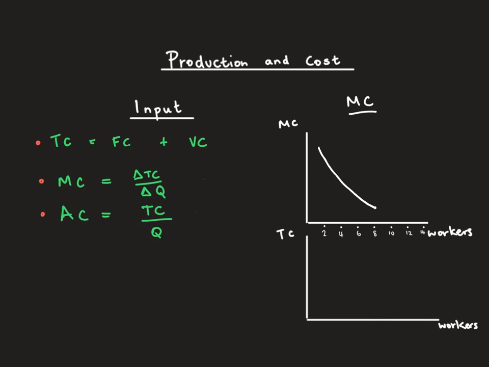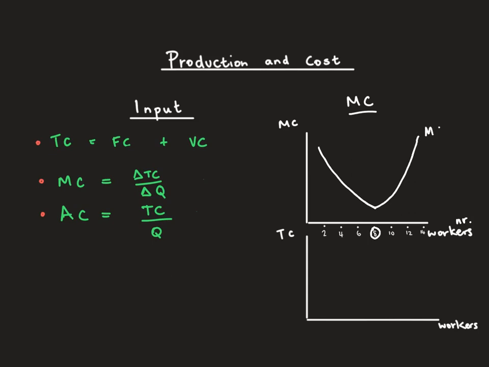And people might start talking to each other and not actually working. And that will decrease the output that we're actually producing and increase the cost. So marginal cost now, after this point of 8 workers, will start increasing. So our cost will start doing that.